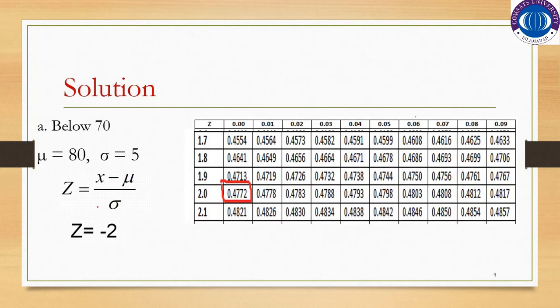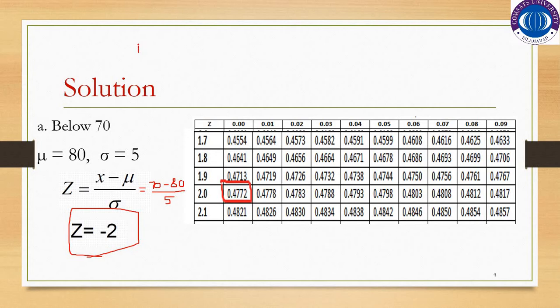So the z is x minus mu over sigma, as x is 70 minus 80 over sigma, which is 5. So this will be equal to minus 2.